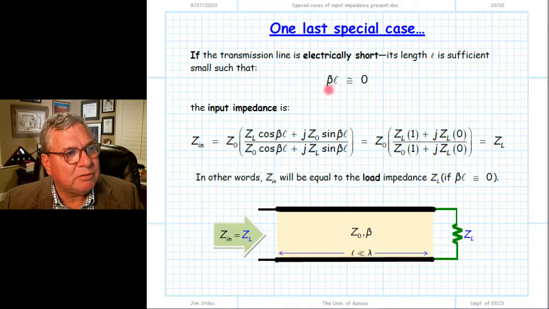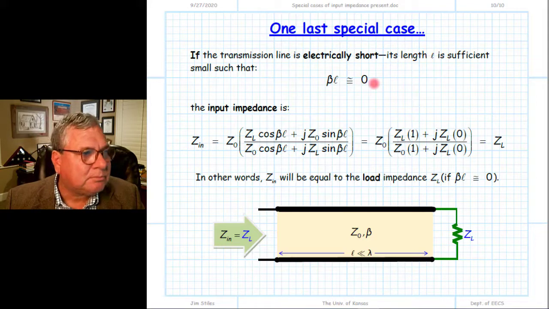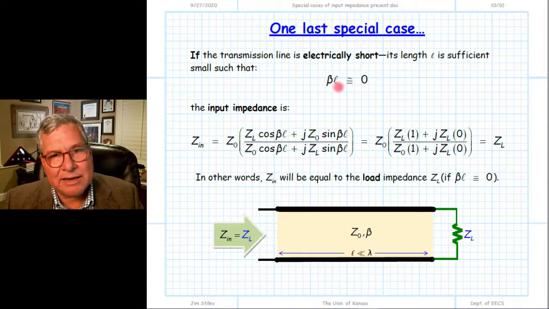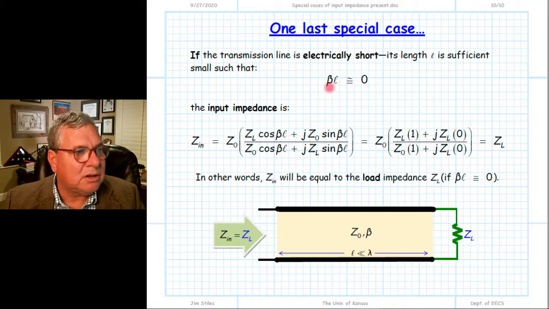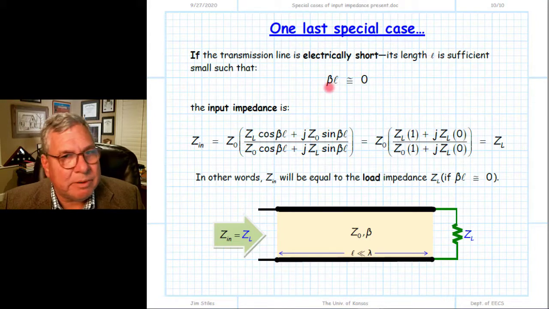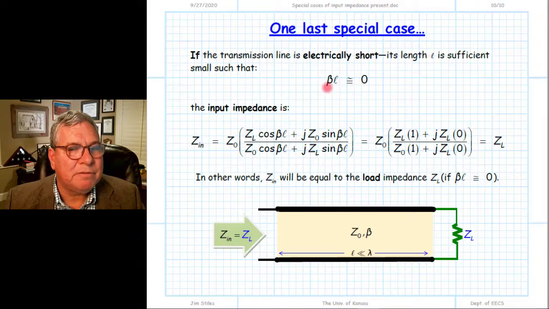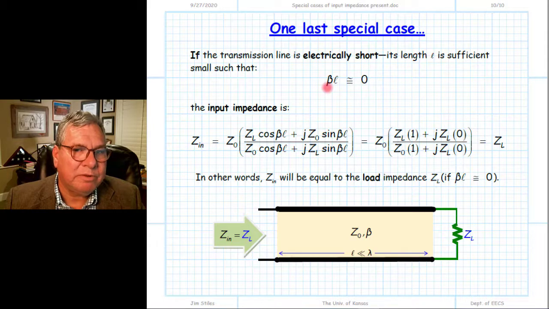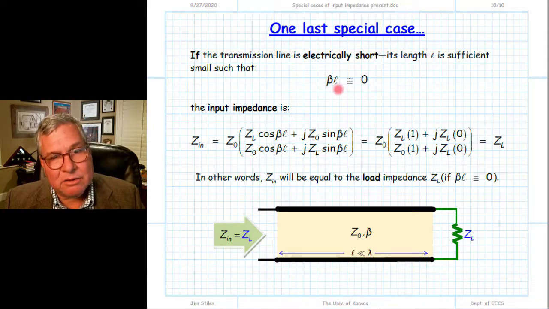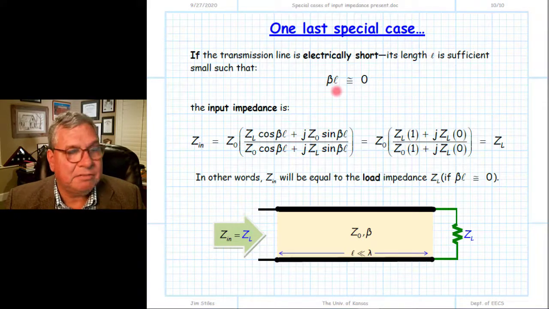Let's say beta L is equal to 0, or very small. Either the physical length of the line is very short, or beta is very small. Remember, beta is proportional to frequency omega. So if we have a very low frequency, then beta L would be very small, even if the physical length of the transmission line were significant.